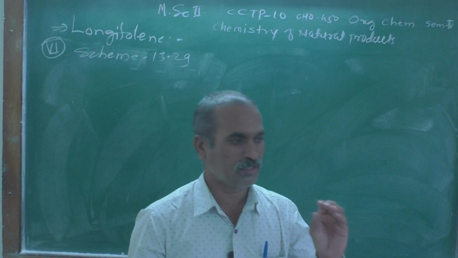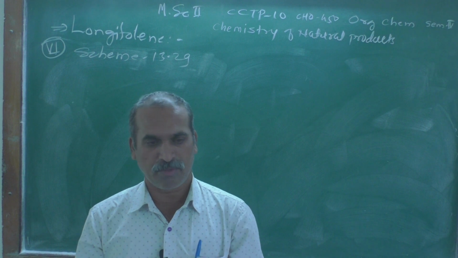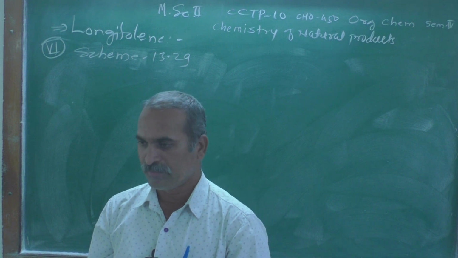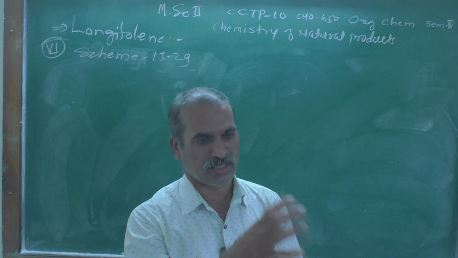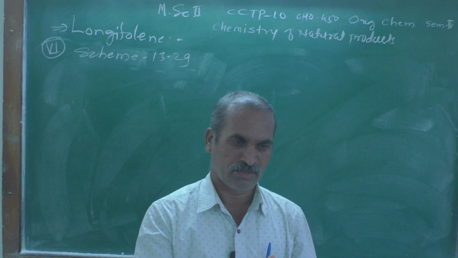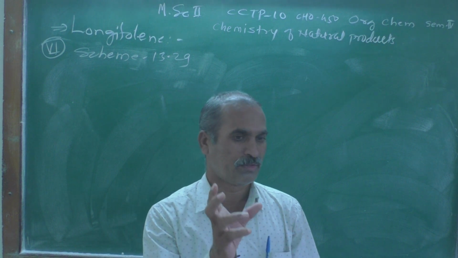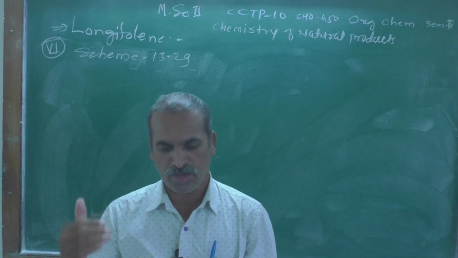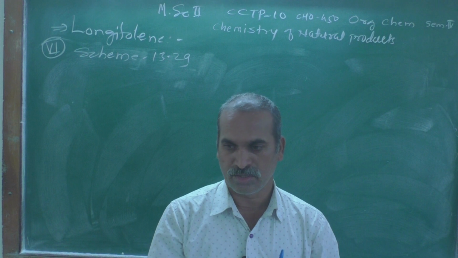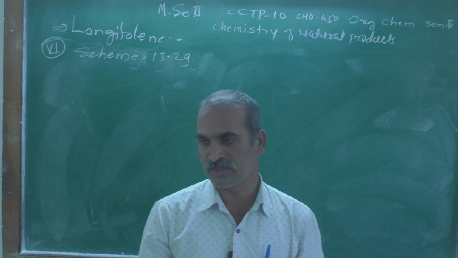As we know, there are 9 different ways to synthesize longifolene in the laboratory by using different precursors or starting materials and different reagents under different reaction conditions, and special key intermediates are formed, and they maintain the stereochemistry, and we get longifolene as the final product by the different ways.